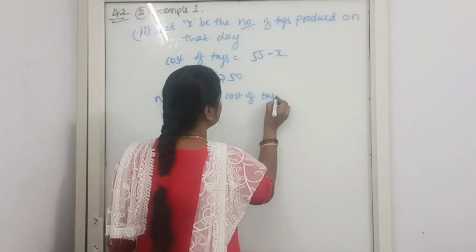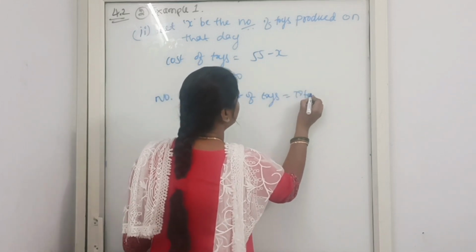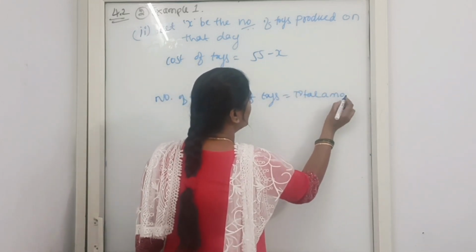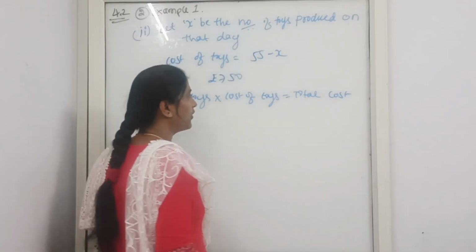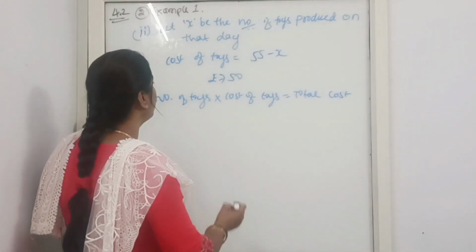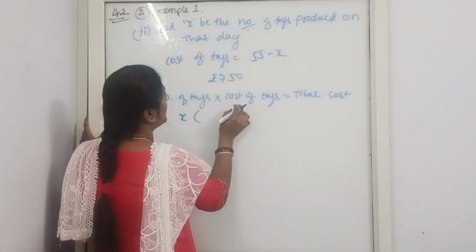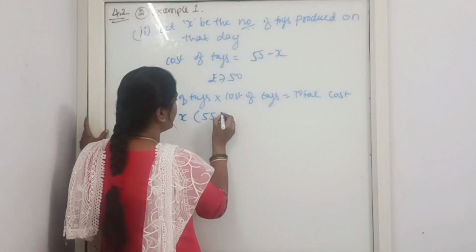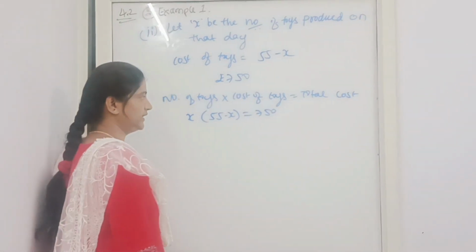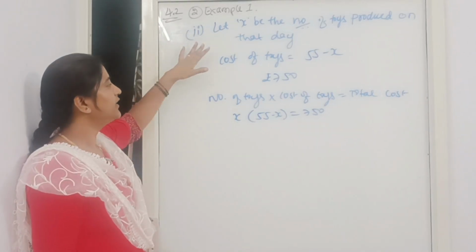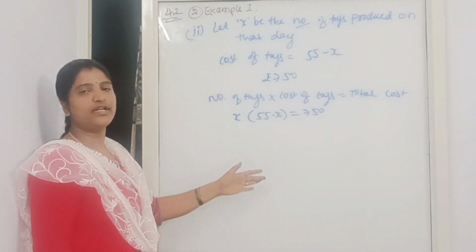Cost of ties, it will give total amount. What is the number of ties? X. Cost of ties is 55 minus x. What is the total cost? 750. Clear?